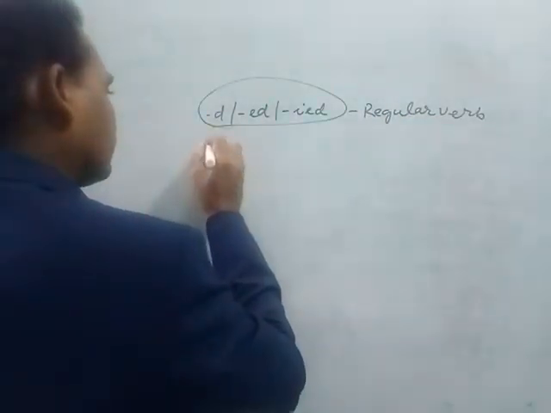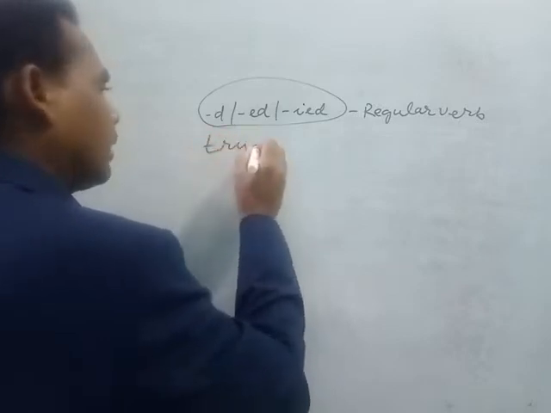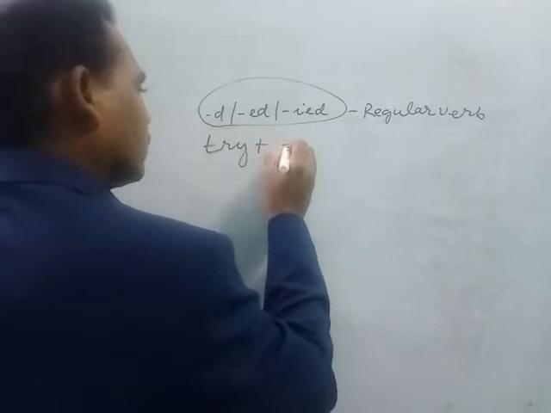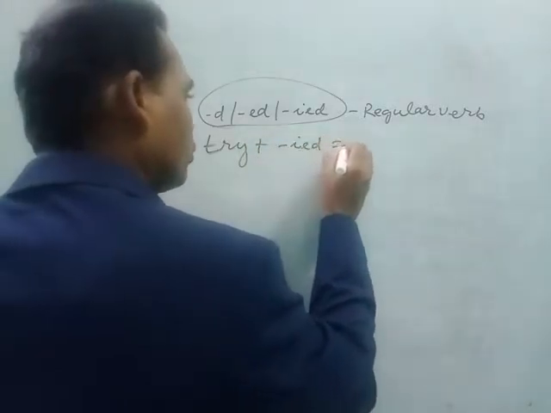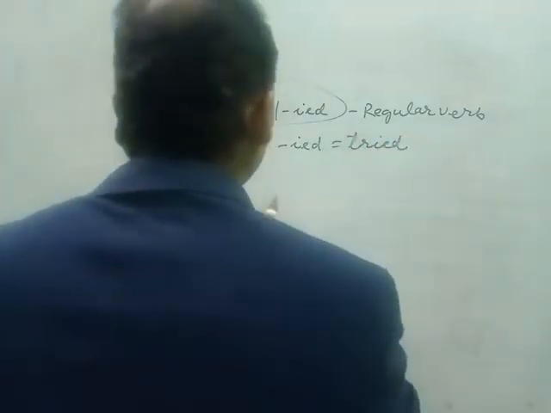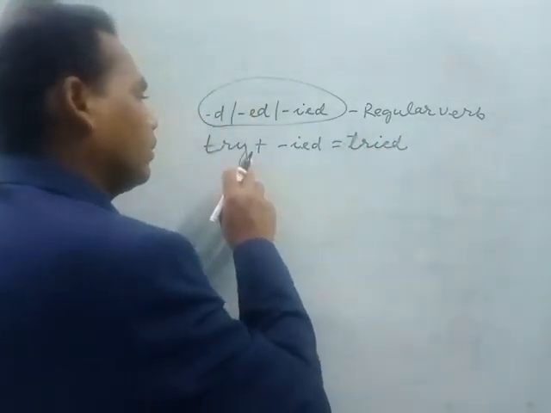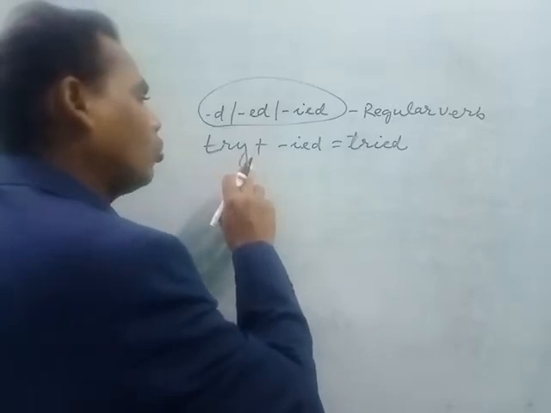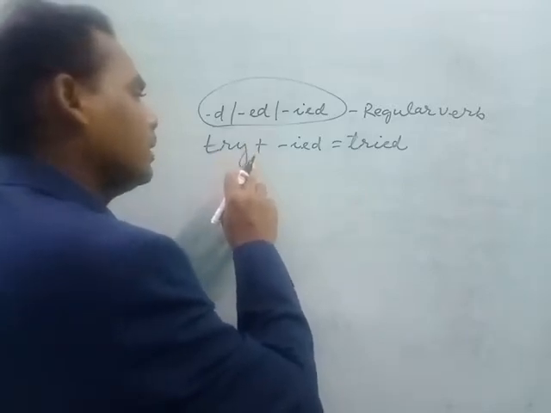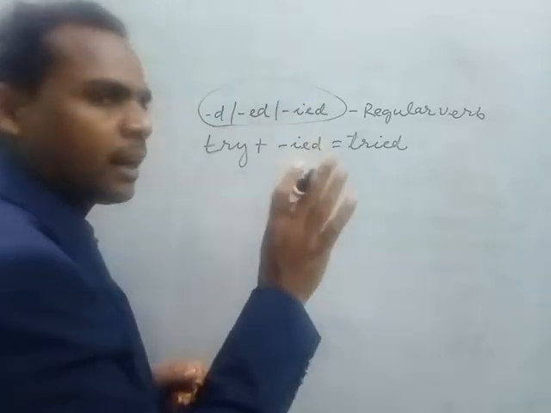Try, T-R-Y, try plus IED is equal to tried, T-R-I-E-D. If you make the past form, then you don't have to write Y. Here instead of Y you have to write IED, tried.